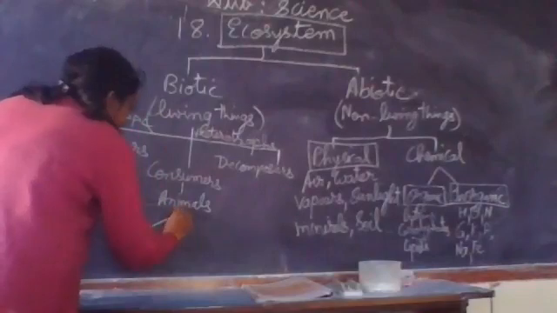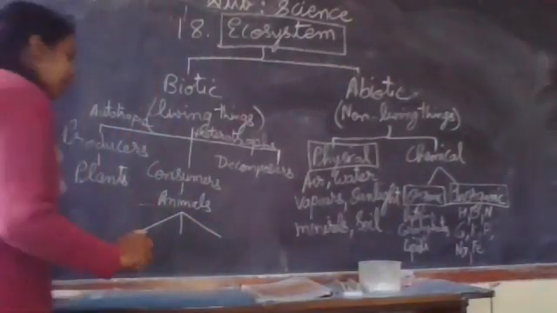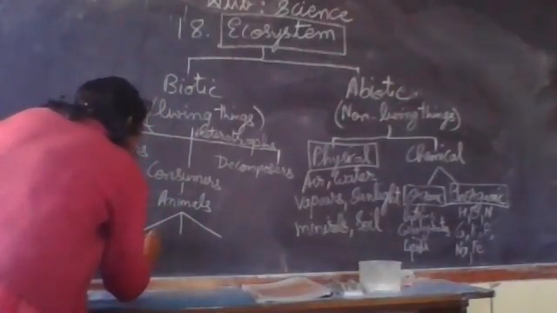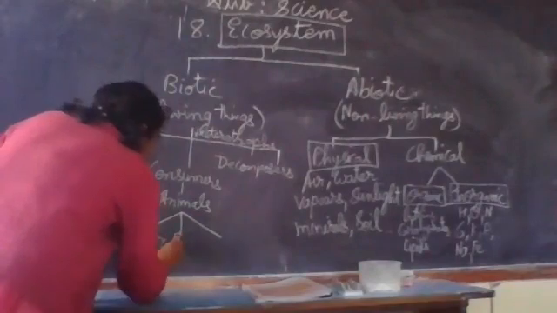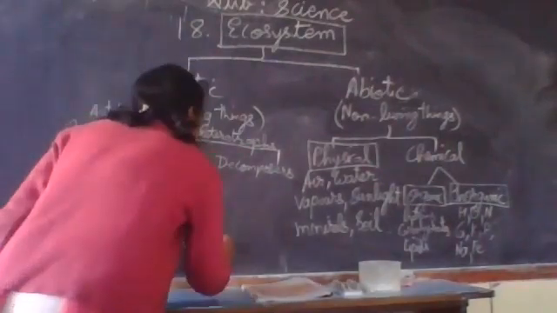Then animals, on the basis of their feeding habit, can be classified into primary consumers, secondary consumers, and tertiary consumers.